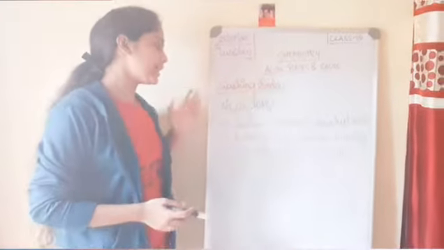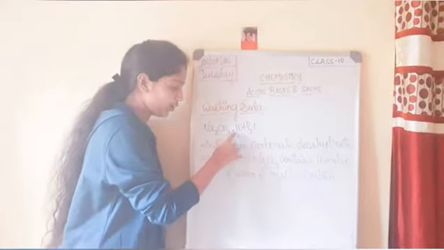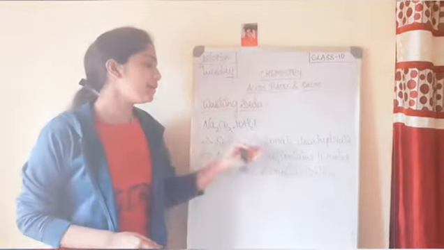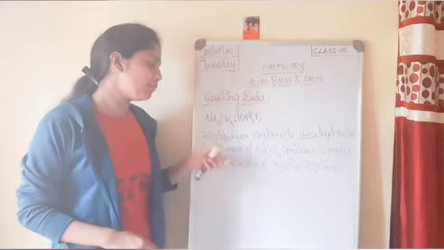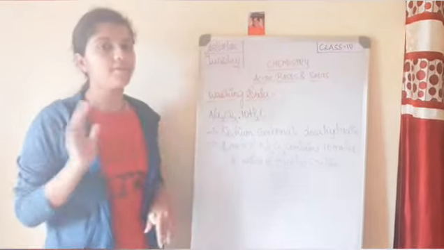Washing soda, its chemical formula is Na2CO3·10H2O, sodium carbonate decahydrate. That means 1 mole of sodium carbonate contains 10 moles of water of crystallization.